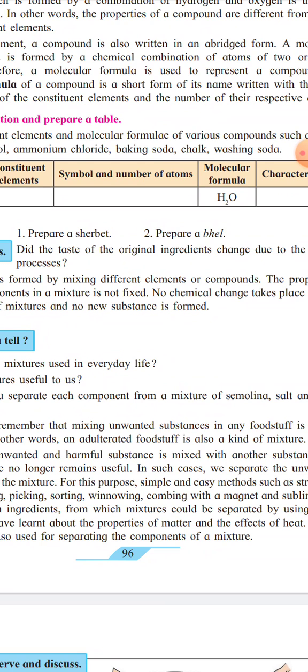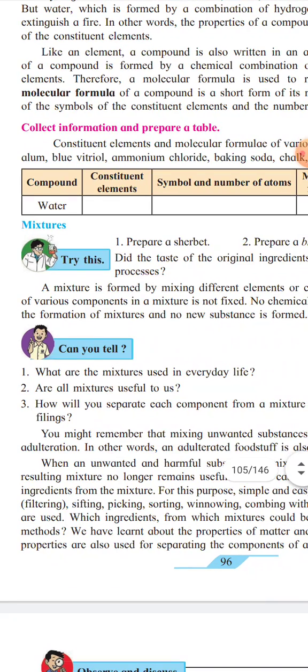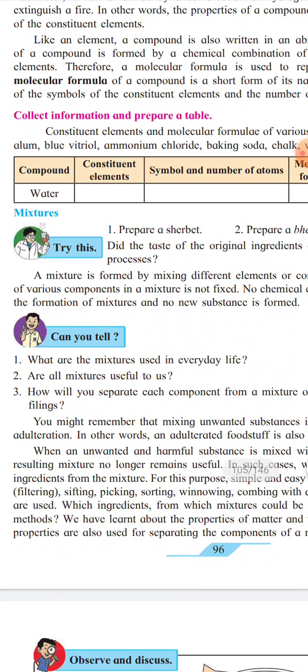Now, alum. As you know, alum is used for cleaning water. Here, the constituent elements are hydrated potassium aluminum sulfate: potassium 1 atom, aluminum 1 atom, sulfur 2 atoms, hydrogen 24 atoms and oxygen 20 atoms.